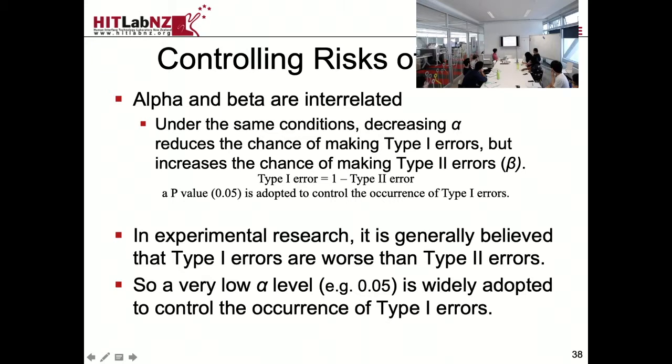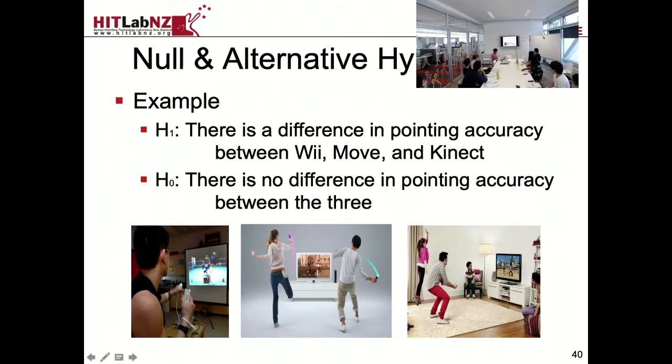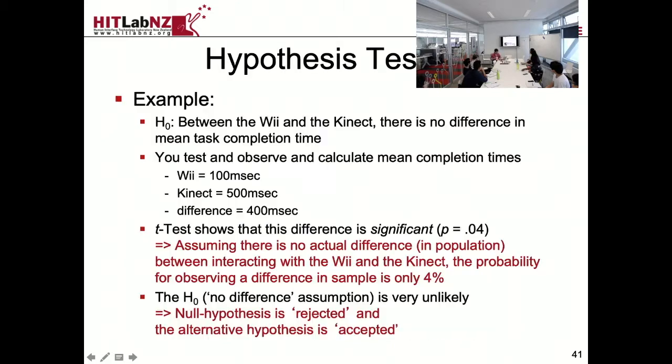And in experimental research, generally we believe that type 1 errors are much worse. That's the reason why we choose this one. And then let's come back to here. So in this case, let's think about it.